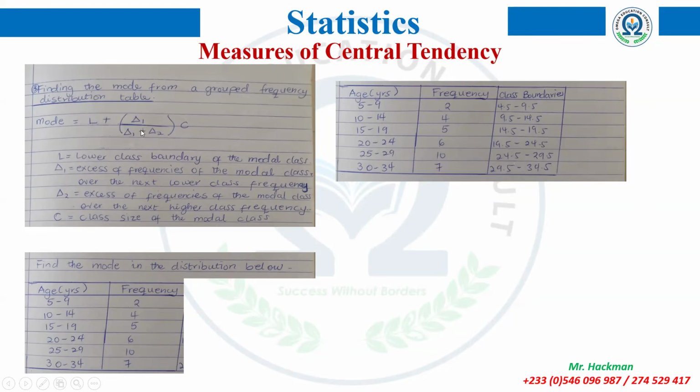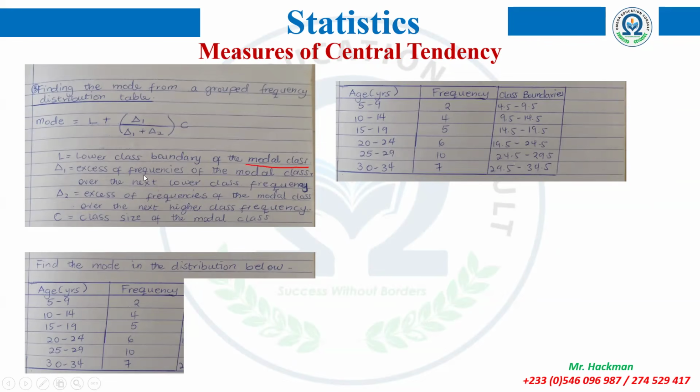So change sub 1 plus change sub 2, times C. So L will be the lower class boundary of the modal class. Take notes. So if you don't know how to find the modal class, problem will come. Okay, now let's come to this one.